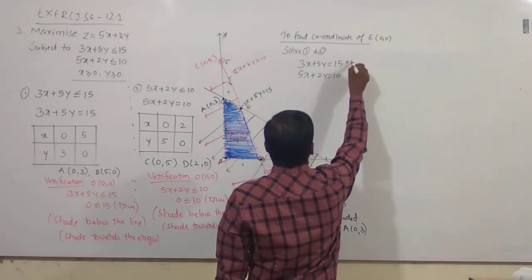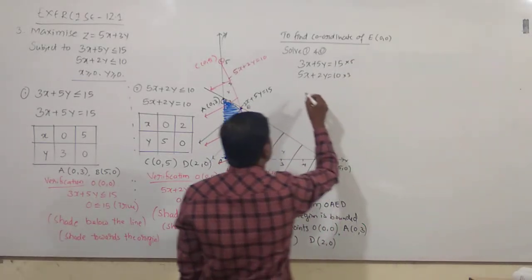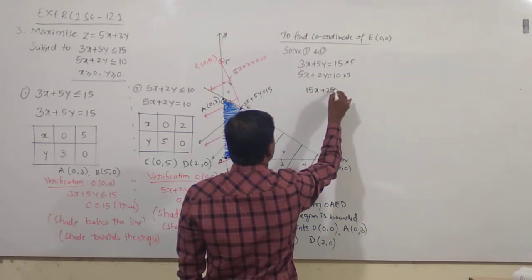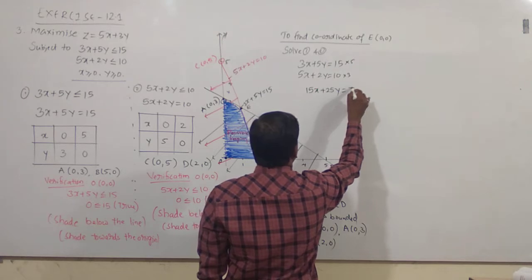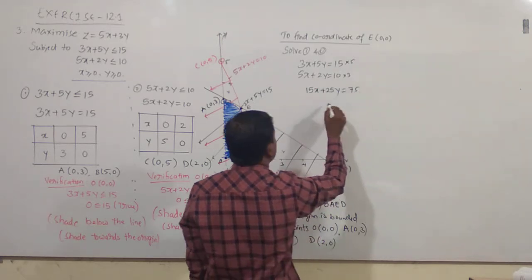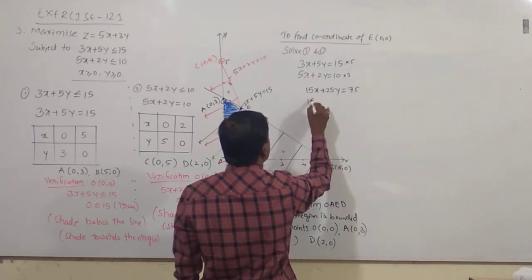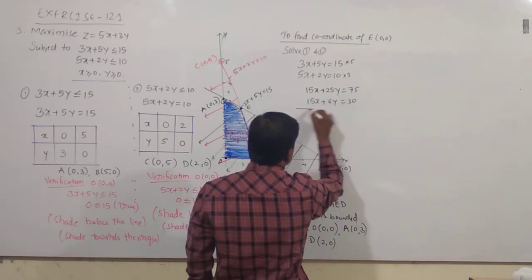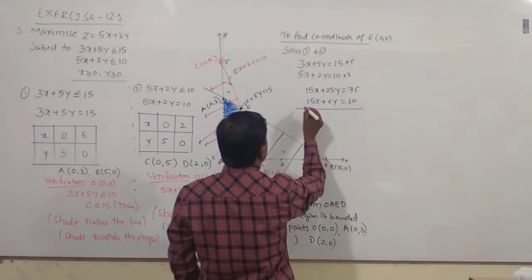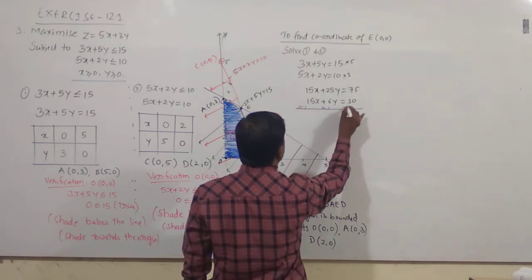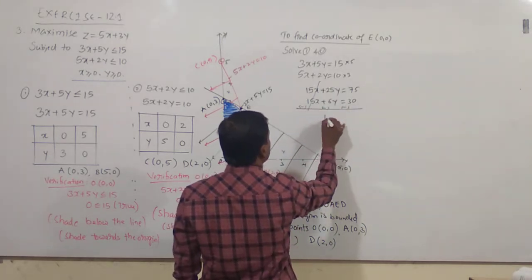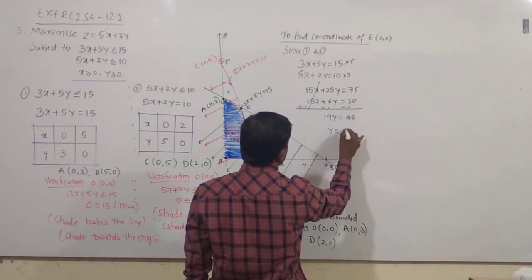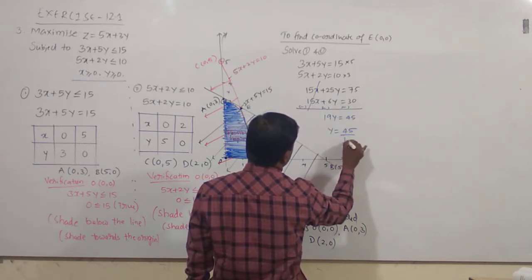So here I will multiply by 5, I will multiply by 3. So it becomes 15x plus 25y equal to 75. Here it is 15x plus 6y equal to 30. Subtract. So here we get 19y equal to 45, y is equal to 45 divided by 19.